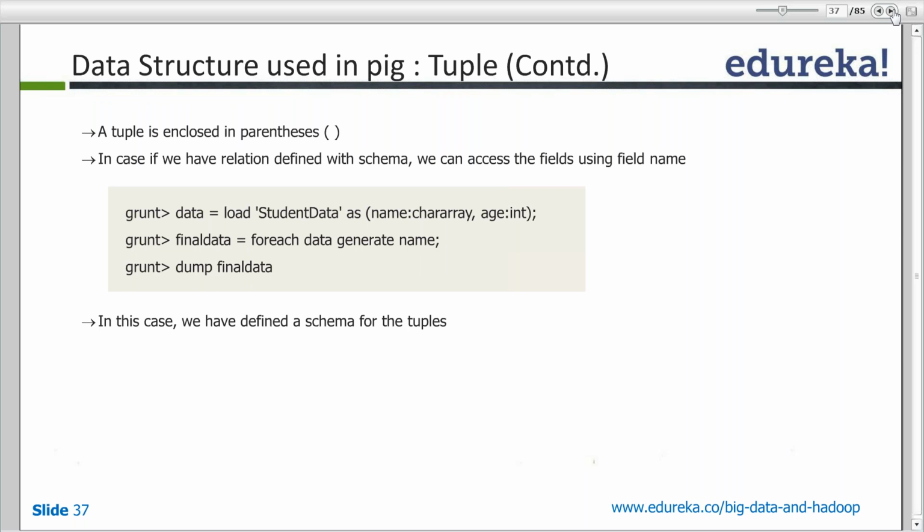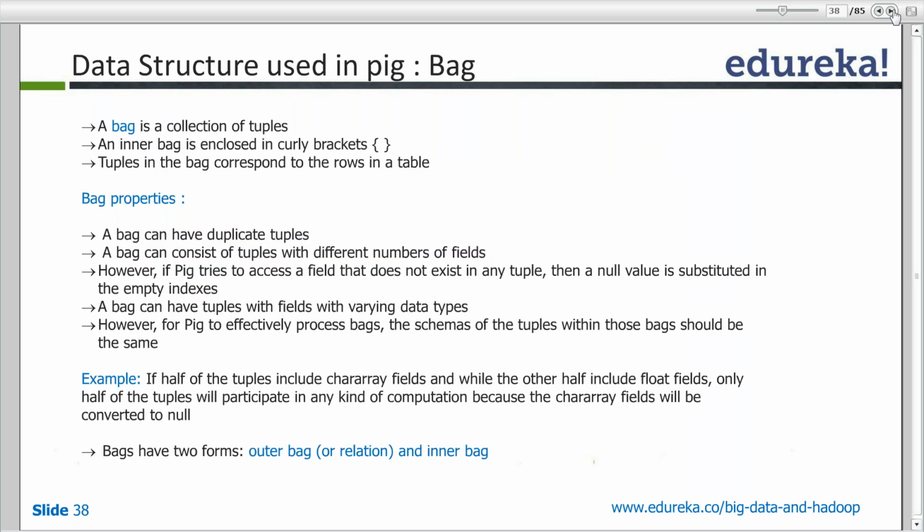Okay, the next data type in Pig is bag. Again guys, I'm reiterating these data types, tuple, bag, map, and fields, the things which we are discussing now. If you get all of this, Pig is done. Okay, Pig is very simple then, right? In terms of syntax, there is not much syntax used in Pig.